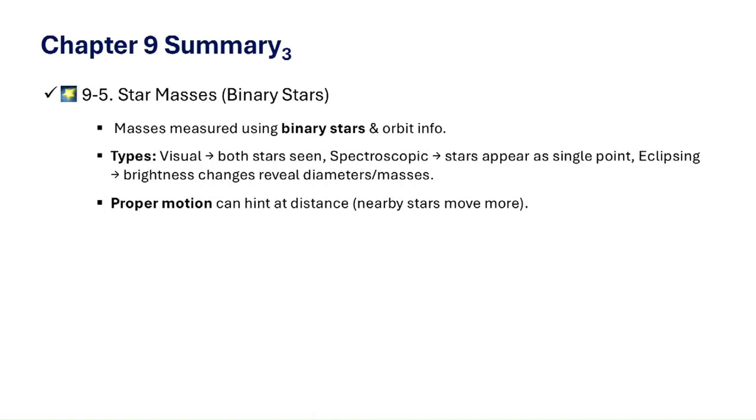Right? Next we focus on star masses and the census of stars. The only direct way to measure stars' mass is by studying binary stars, where two stars orbit a common center of mass. And we discussed how to measure the stars' masses and sometimes their diameters based on their orbits and light curves.